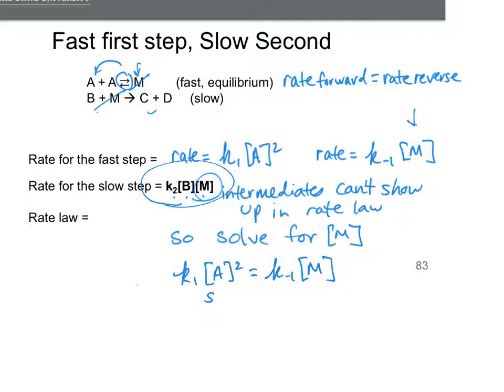Okay, so let's solve for M. So M is going to be equal to K1 divided by K minus 1. I'm just going to leave all my rate constants in a grouping times A squared. So now we can plug this into the rate for the slow step.